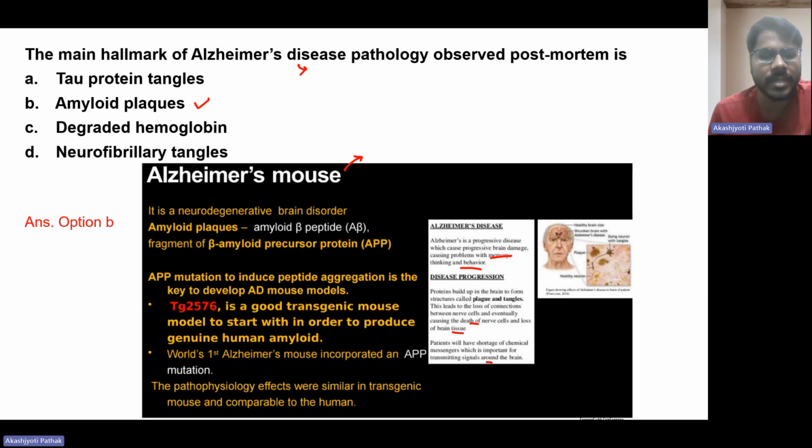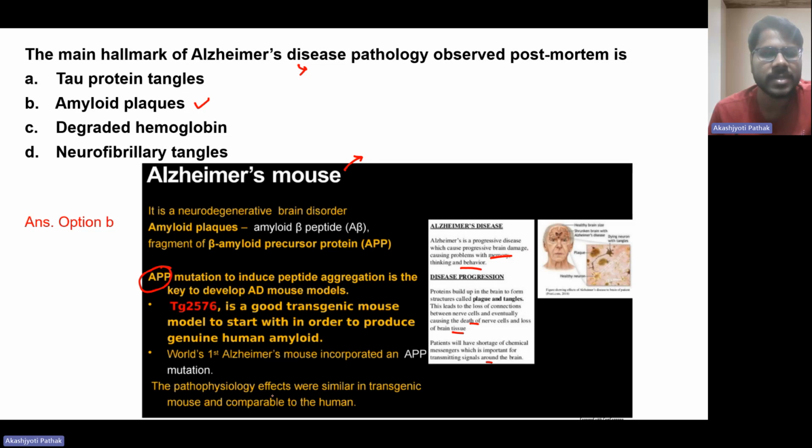How has it been developed? It has been developed to produce genuine human amyloid. And this is the world's first Alzheimer's mouse, incorporating an APP mutation. So this protein has been mutated, and the mutation results in the formation of amyloid plaques.